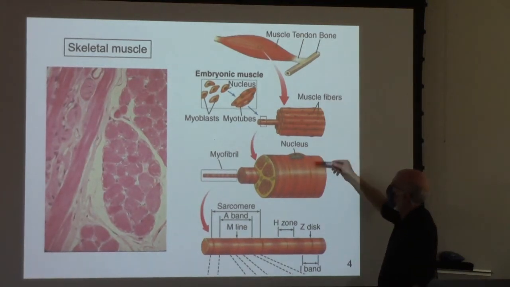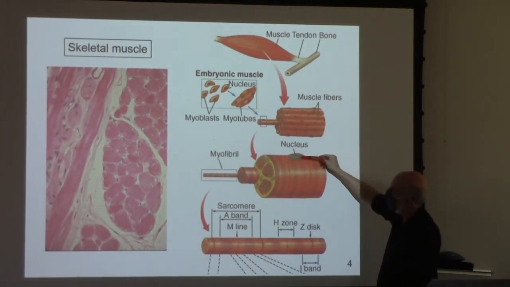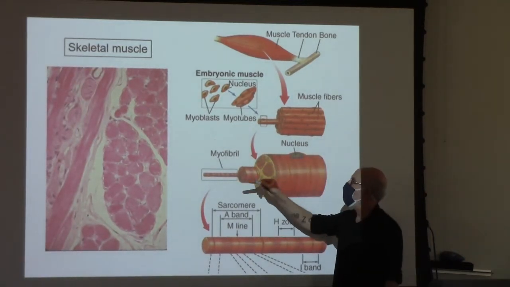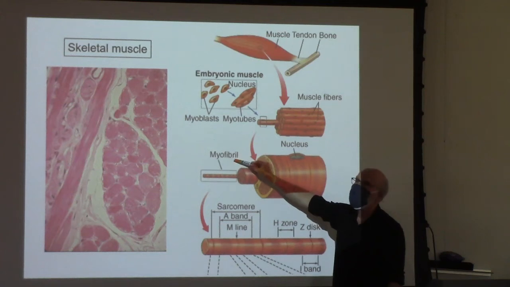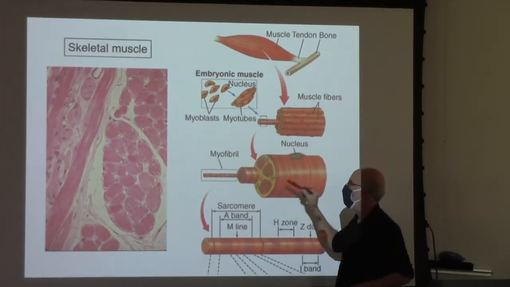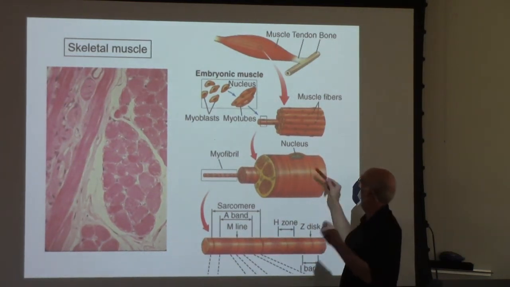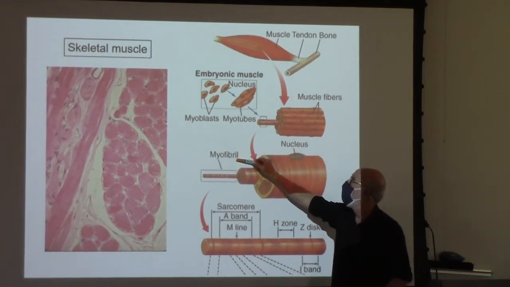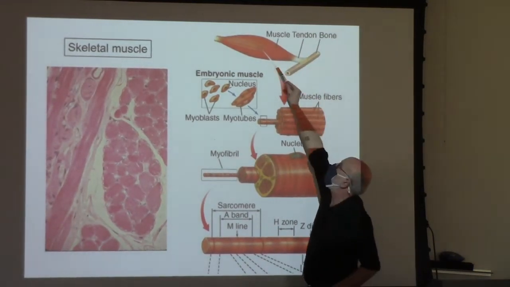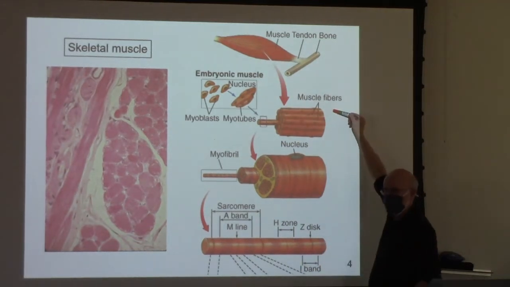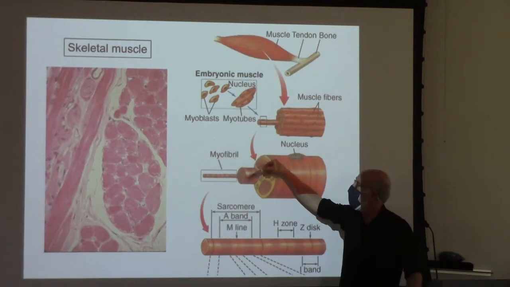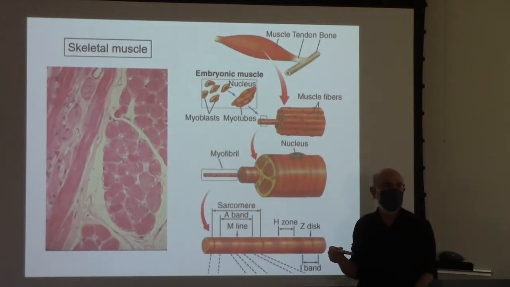Muscle fibers have many nuclei, as I just said. The working structure within the muscle cell is called the myofibril. So we have muscles, muscle fibers, and myofibrils. Myofibrils are microscopic.